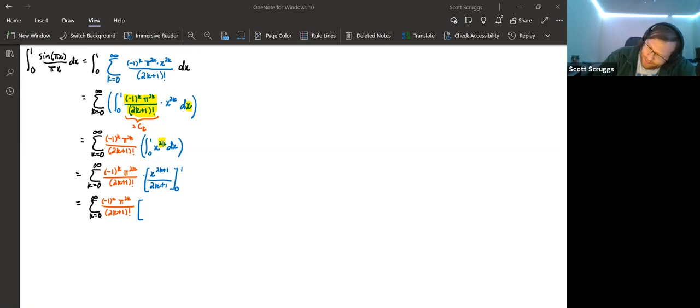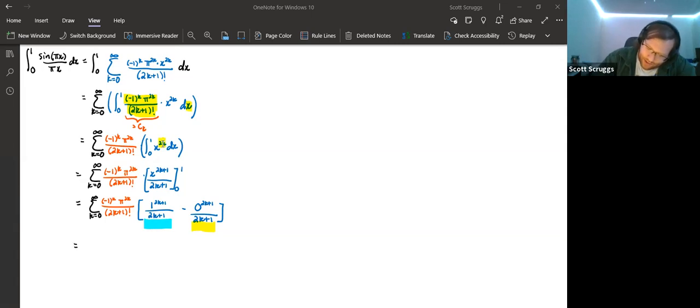The upper bound is 1, so 1 to the 2k plus 1 power over 2k plus 1, minus the lower bound, 0 to the 2k plus 1 over 2k plus 1. That term just becomes 0 because the numerator will always be 0. 1 to the 2k plus 1 will always be 1 in the numerator, leaving the one highlighted in blue underneath to be 1 over 2k plus 1.